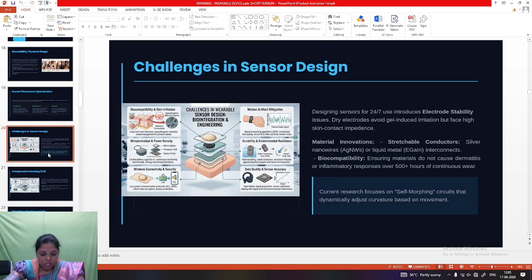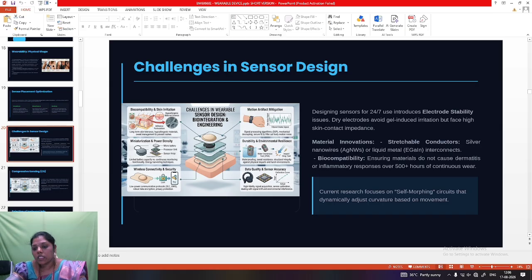Let us understand the challenges in sensor design. Designing sensors for 24/7 use introduces electrode stability issues. Dry electrodes avoid gel irritation but face high skin contact impedance.